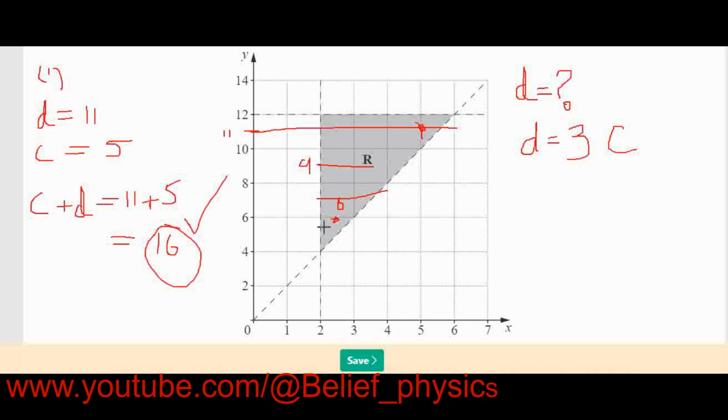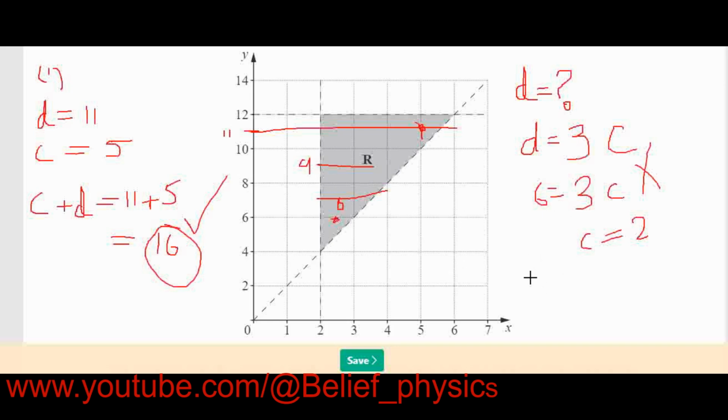Let's suppose if d is equal to 6, then 3c shows that c should be equal to 2. But x equal to 2 is on this line, so this is not in the boundary, so this is not the case.